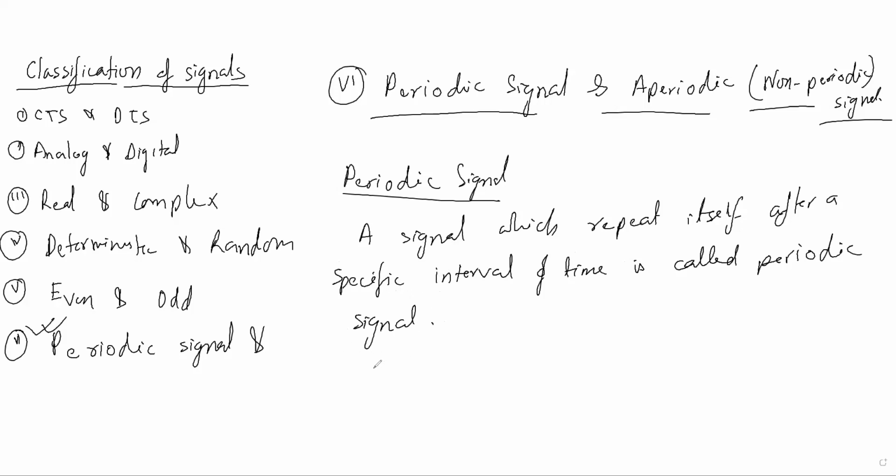So what are the examples? Examples are like sin t, cos t. These are the periodic signals. Okay.